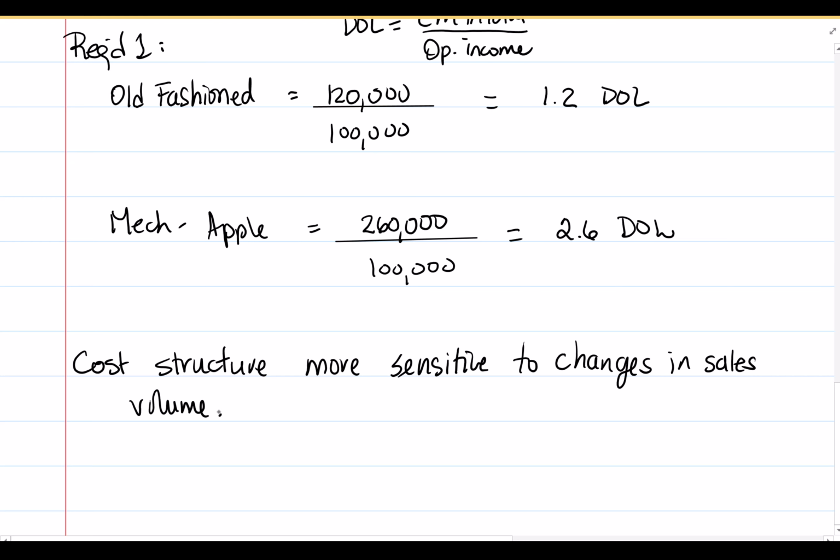And this is usually displayed by which one has the higher degree of operating leverage. So in this case, that's Mech Apple.